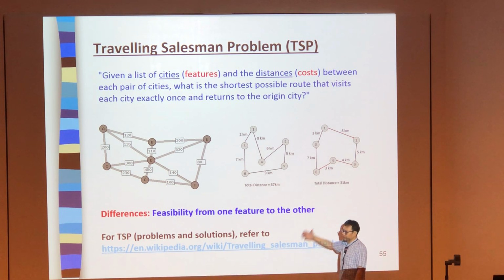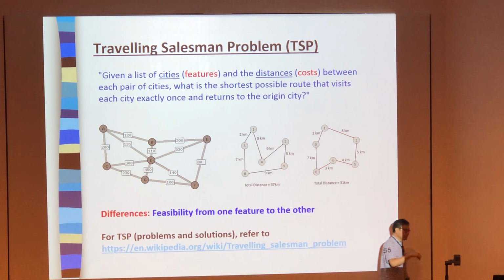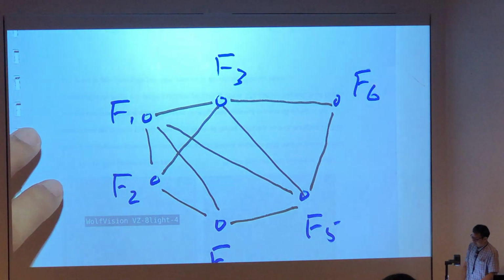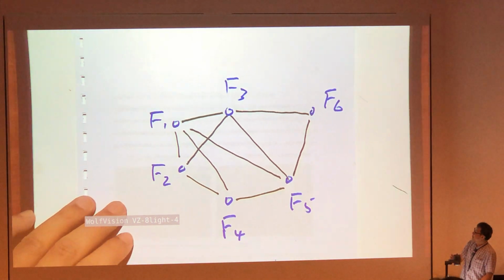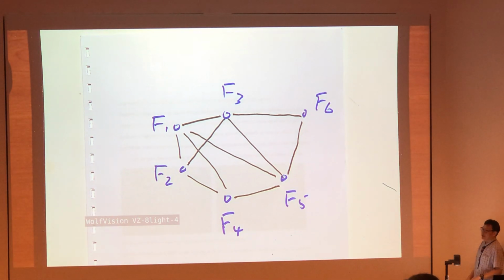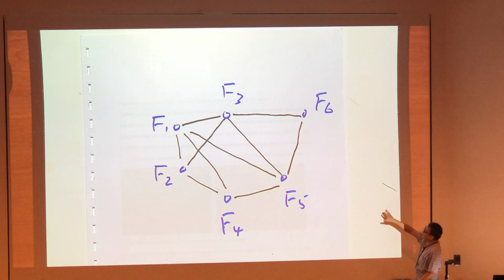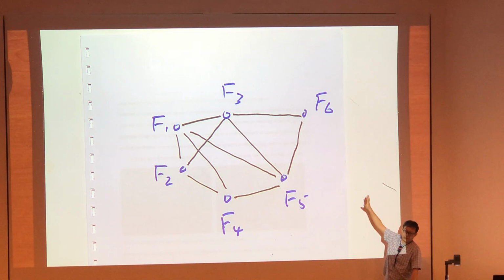So many solutions. If you come back to our problem, let me show you. If you look at our problem, it's probably even more complex than the TSP. It's definitely more. For example, in this simple example, I have 6 machine features already recognized.